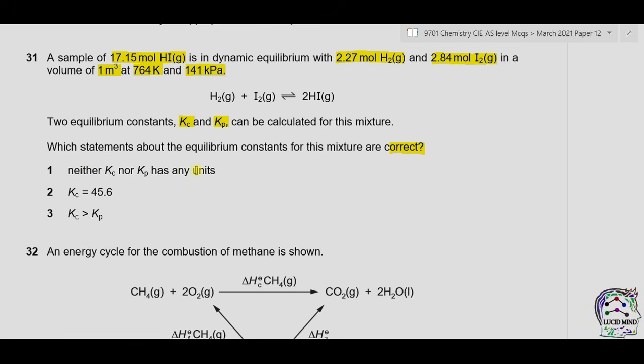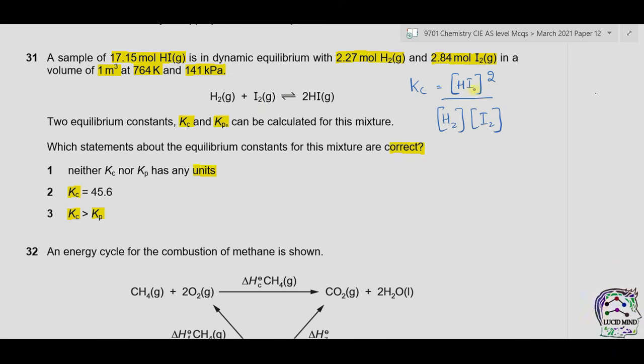In the first statement we have to find out the units, in the second one we have to find out Kc, and in the third one we have to find out Kc and Kp. Let's first find out the value of Kc. For Kc the formula is the concentration of product, which is HI, raised to the power of its number of moles, which is 2, divided by the product of the concentrations of the reactants, hydrogen and iodine.